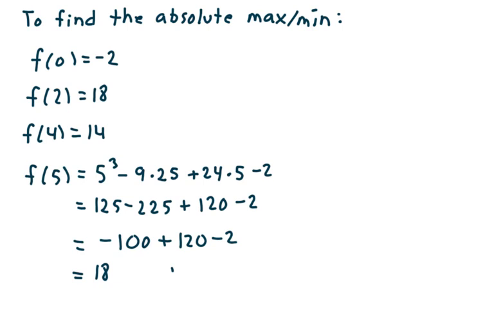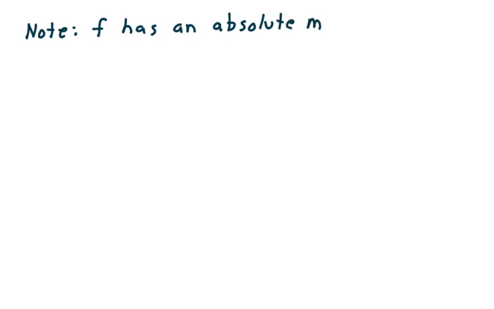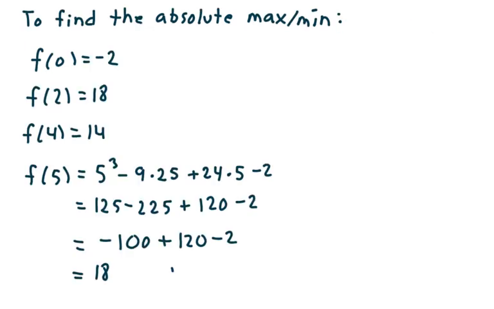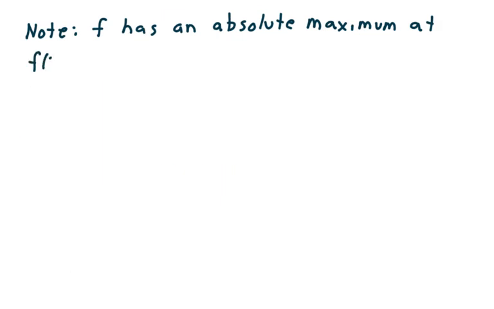So what does that mean? Notice, f has an absolute maximum at f of 2 equals 18, and f of 5 equals 18.